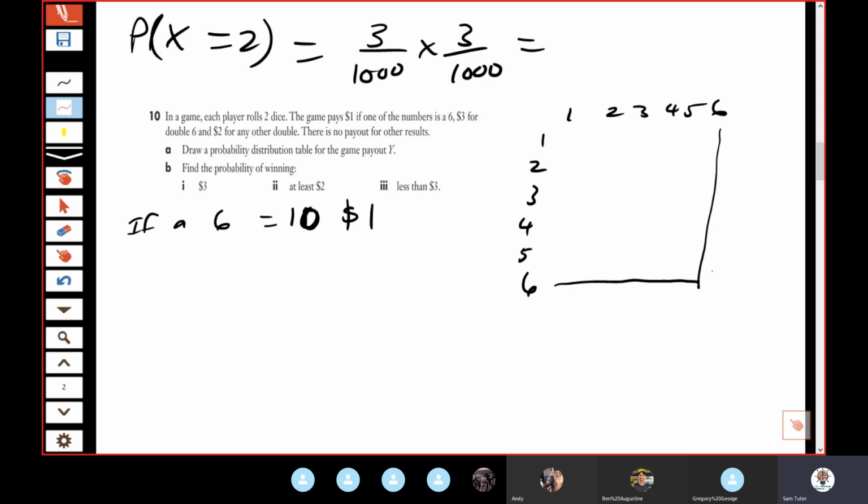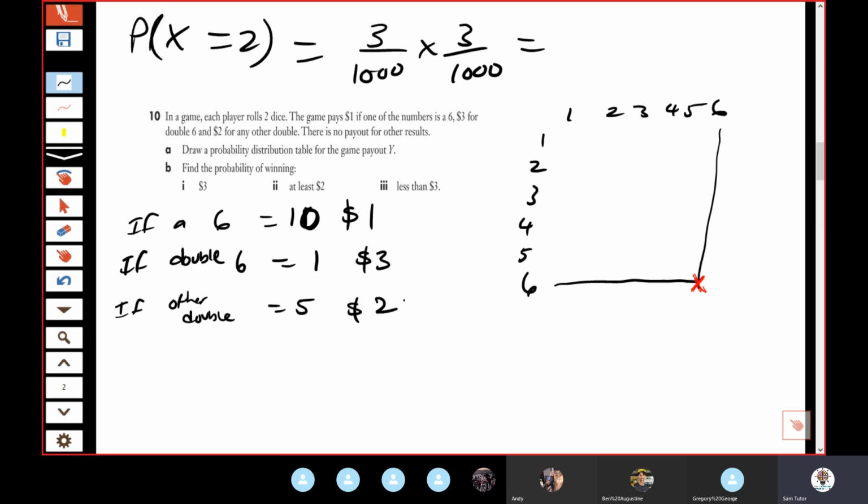Not this bit. This bit here is a double 6. How many times can you get double 6? I think you guys already know that. That's 1 time, and you'll get $3. And $2 for any other double: 1, 2, 3, 4, 5, so that becomes 5 times.